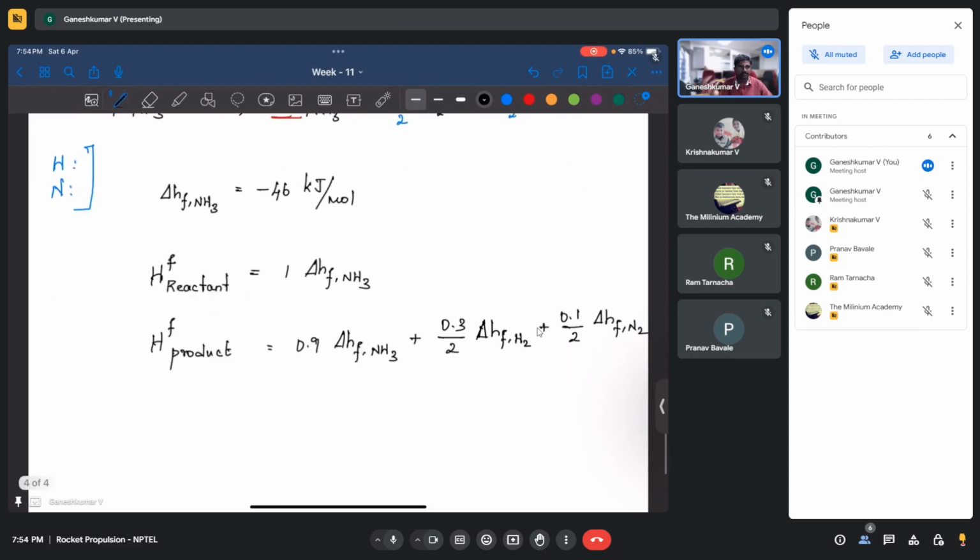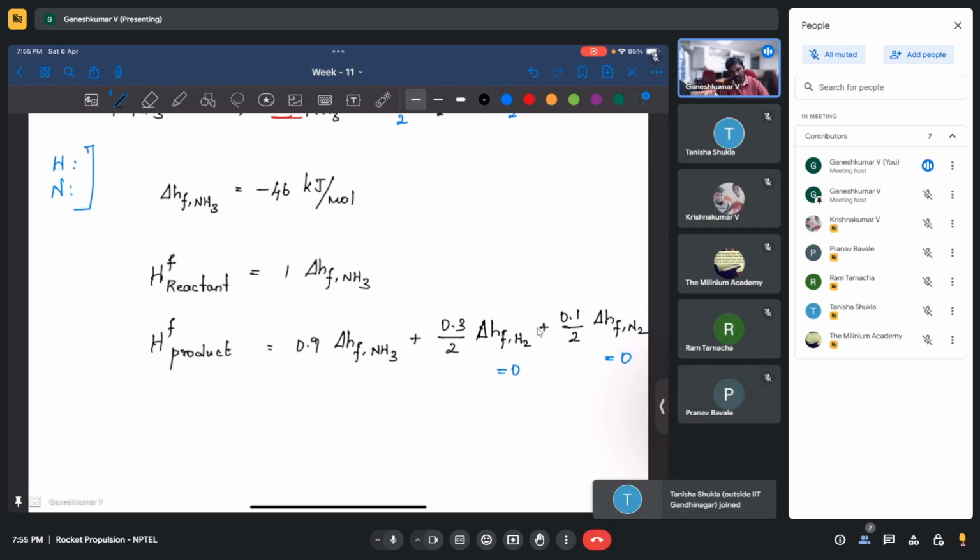The formation enthalpies of hydrogen and nitrogen we already know: they are naturally occurring gases in their natural state, so these two have zero formation enthalpy. The difference between these two, which is delta H of dissociation, or the energy loss due to dissociation, is HF of reactants minus HF of products.